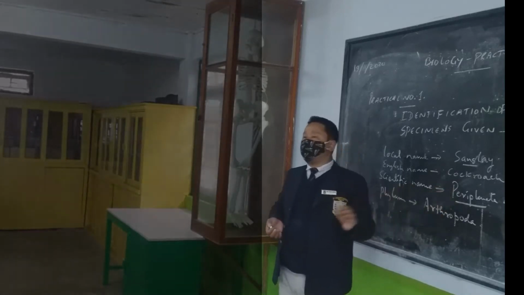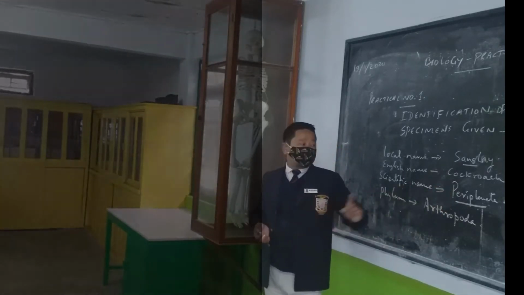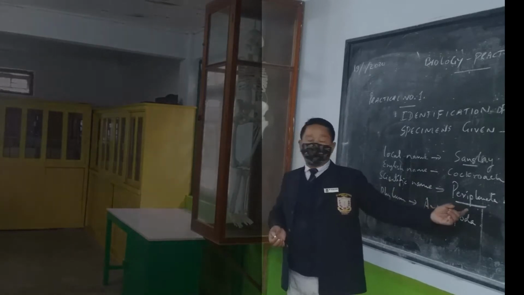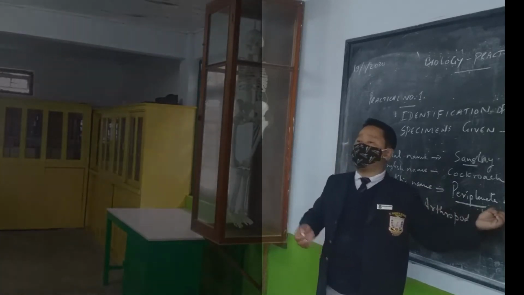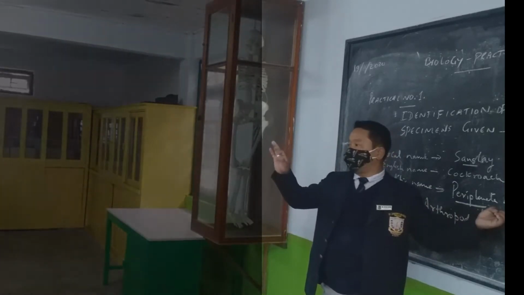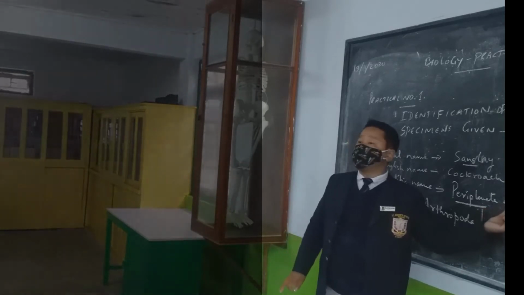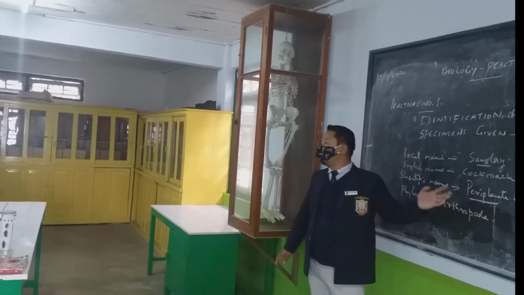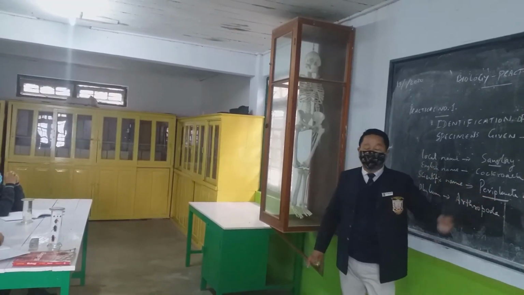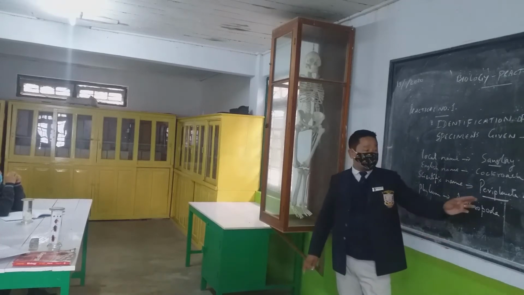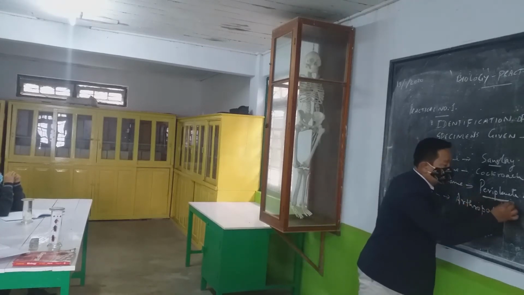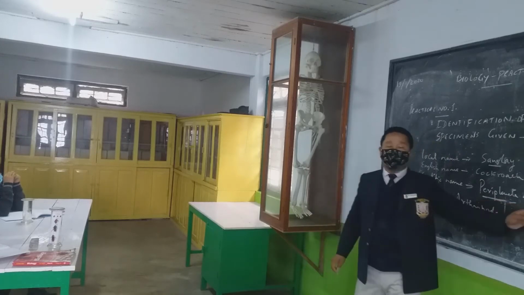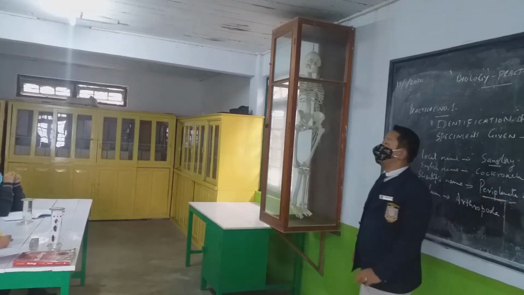The first letter of the species, the second name, is always a small letter. Once you finish writing this, you have to underline them separately, as I have done. Periplaneta is underlined and americana is underlined. This is the rule of writing a scientific name.